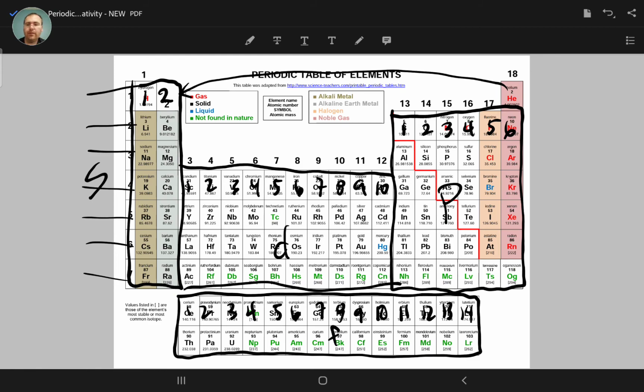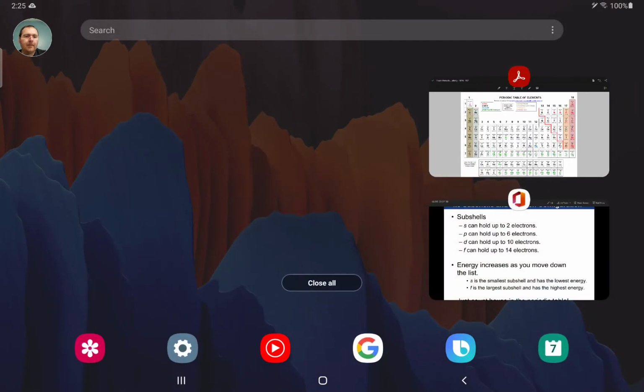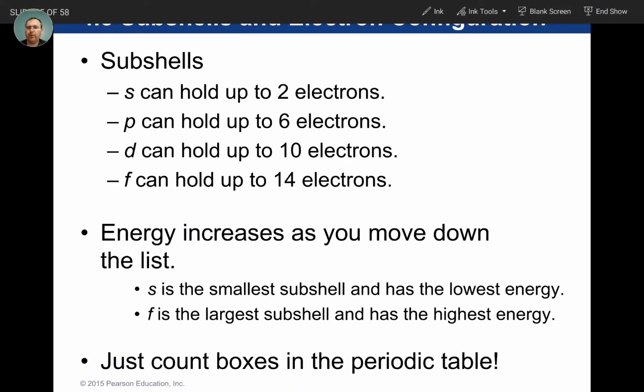Now our orbits are basically these periods, and our sublevels or subshells are these S, P, D, and F sections. So if you want to know how many electrons can be held in each sublevel or subshell, just count boxes. That's the fastest way.